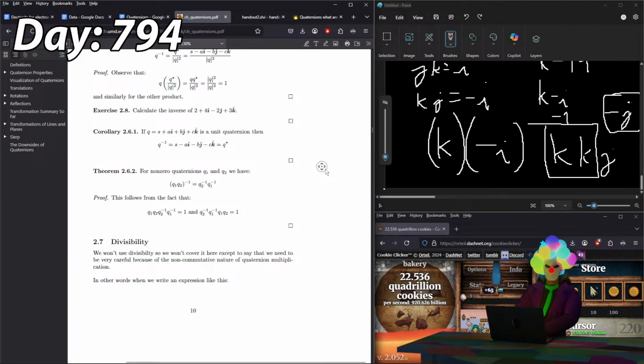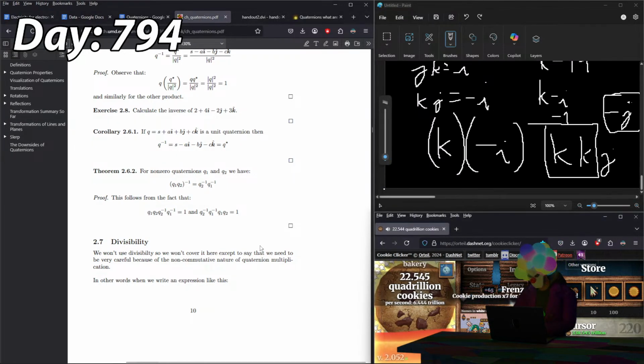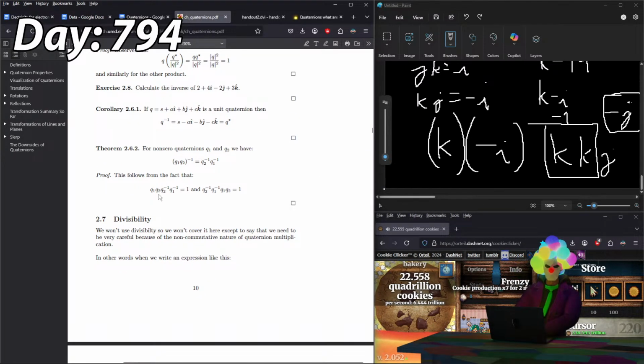Non-zero quaternions, we have... Okay. Makes sense. Q1, Q2, Q2, Q1. So, with colors. In the video, I'll have to do it with colors, because it's really difficult to keep track without colors. Q1, Q2.